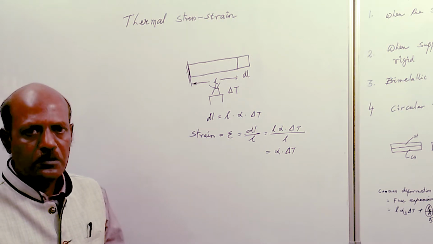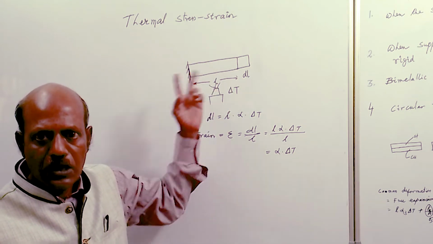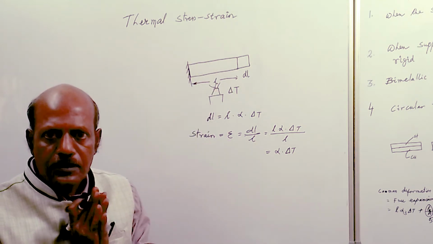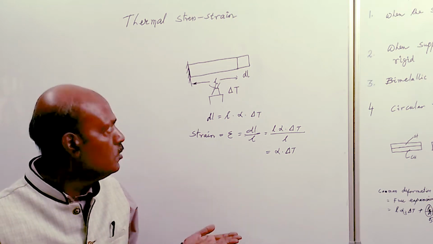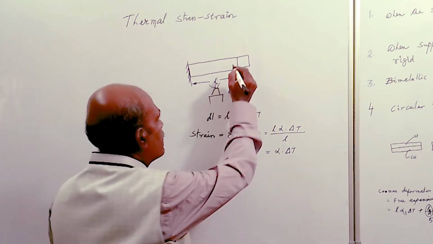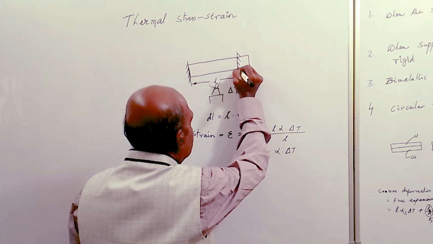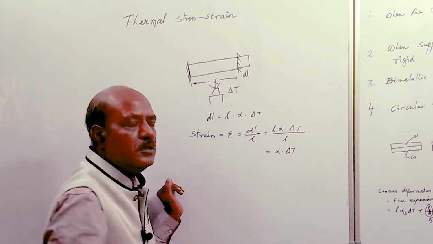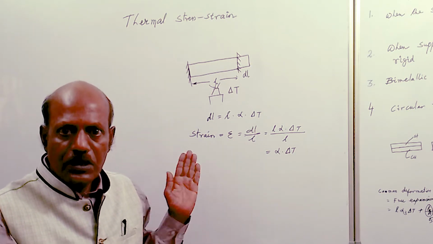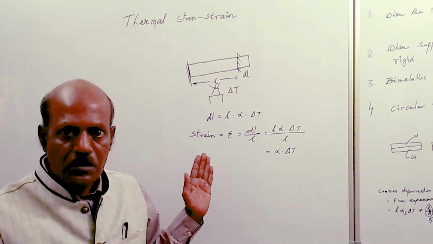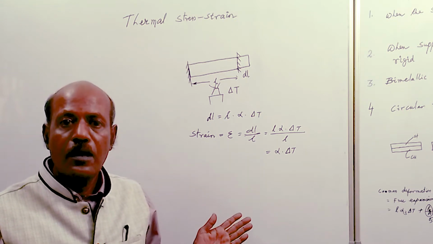Now if the ends are not restricted, then the stress developed in the body will be 0. If the ends are restricted, in other words if the supports are rigid, then only will stress develop in the bar.